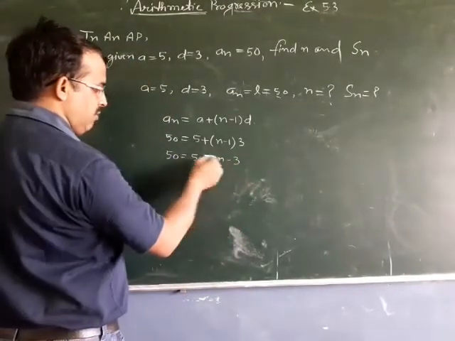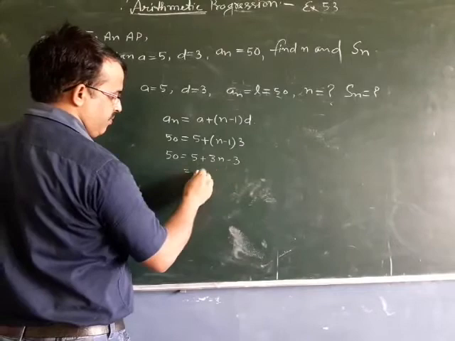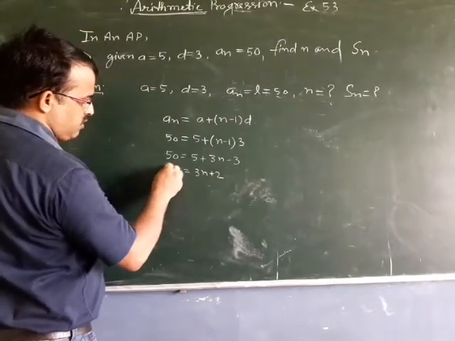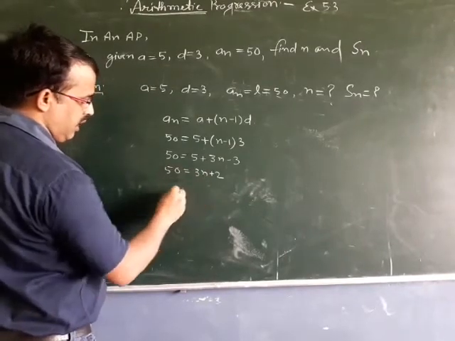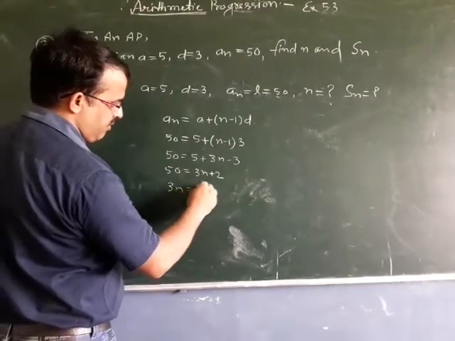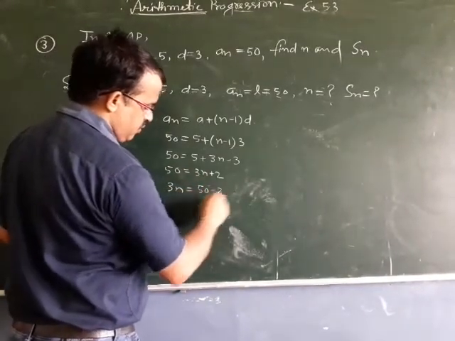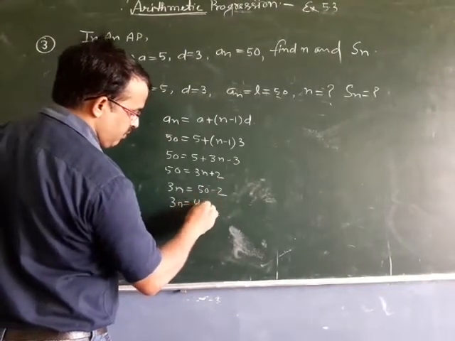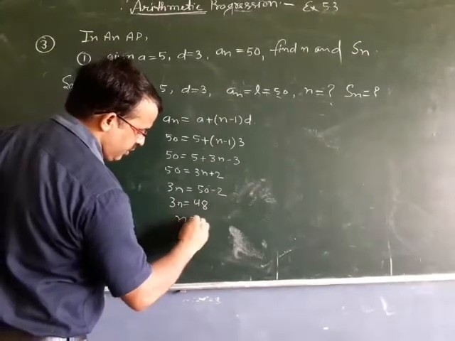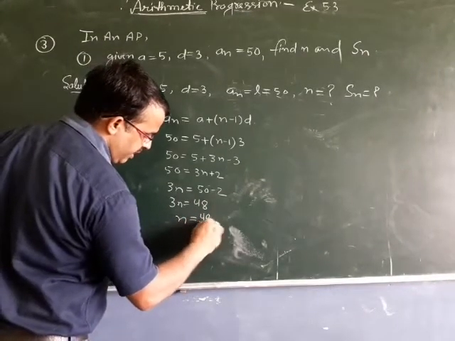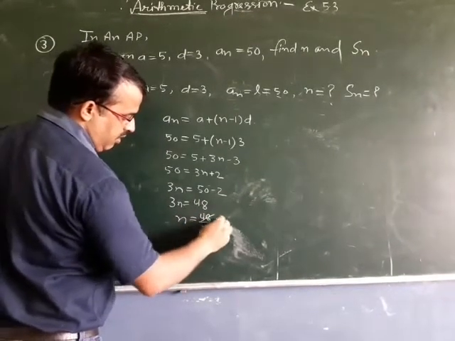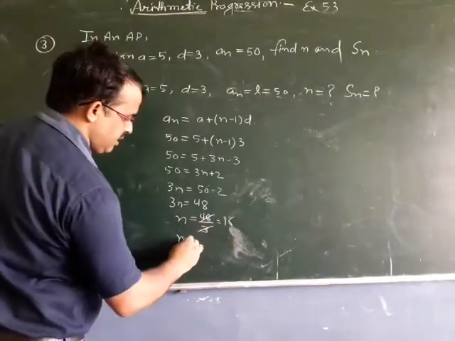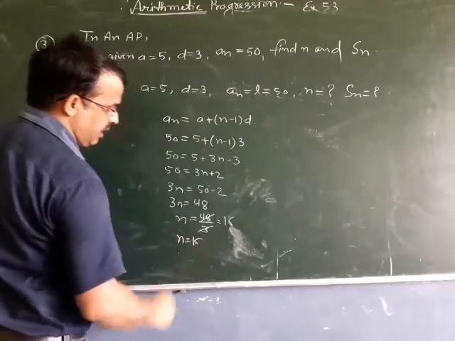So 5 minus 3, we get 3n plus 2 is equal to 50. 3n is equal to 50 minus 2, so 3n is equal to 48. So n is equal to 48 by 3. 3 sixes are 18, so we get n is equal to 16.